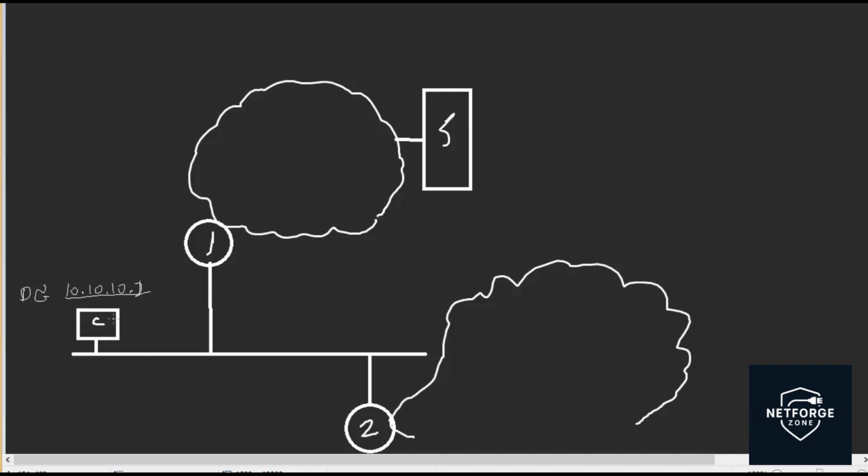Actually, a client tries to send the frame to server using router 2. Router 2 checks its routing table and sees that router 1 is a better option to transfer the frames to the server. So it will first of all give a message to computer 1.